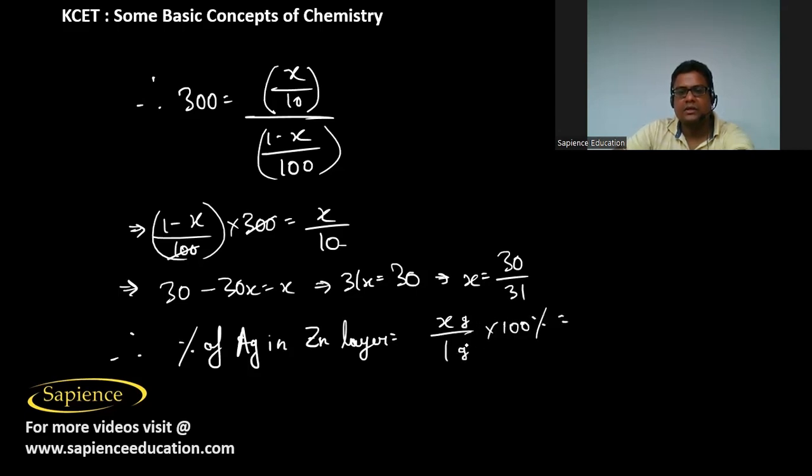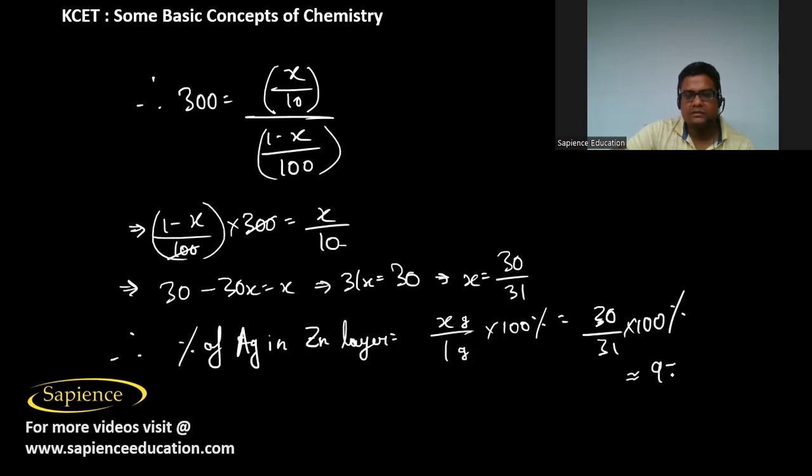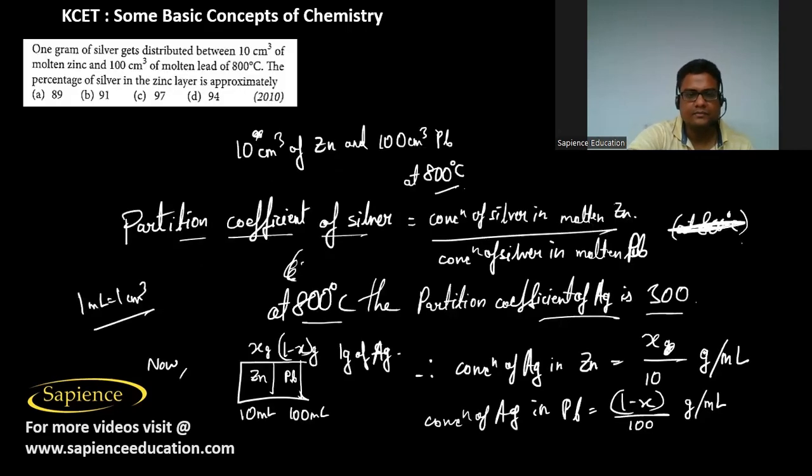The total mass of silver that is distributed was 1 gram, and the mass of silver that is in the zinc layer is X gram. So that is X into 100, that is 30 by 31 into 100%. If we solve it, we get approximately 97%. So option C is the correct answer.